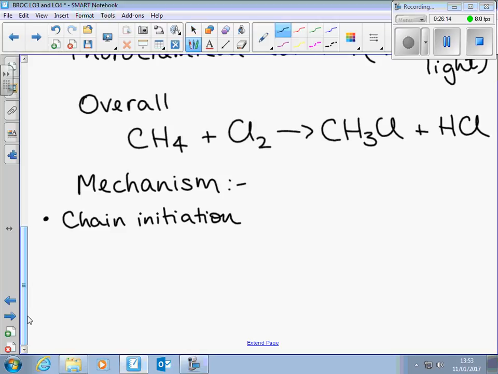But this is where our UV light is. Here's our chlorine, and we get 2 chlorine radicals. The energy from the UV is sufficient to break the chlorine molecule apart.